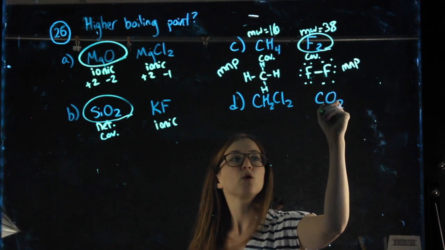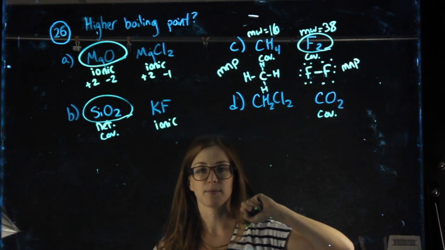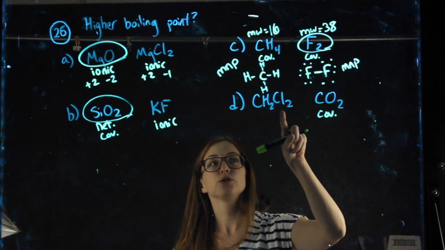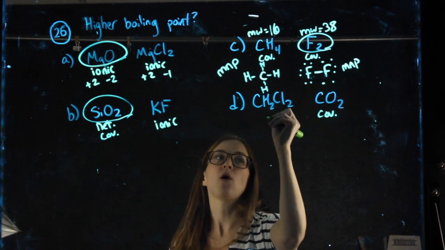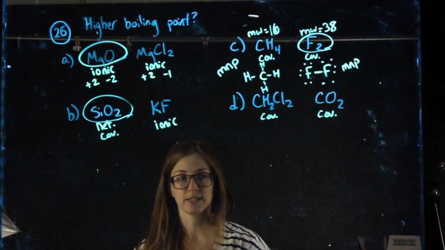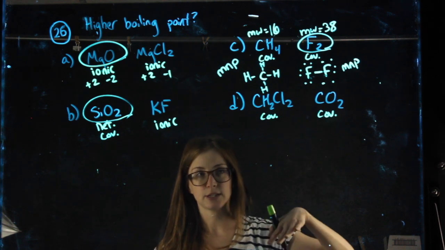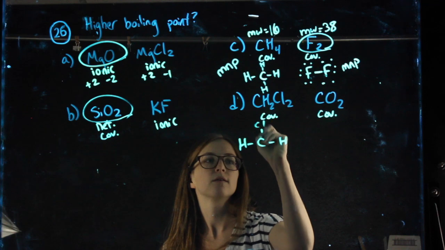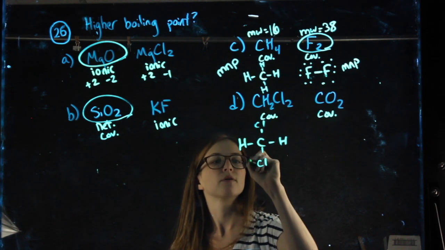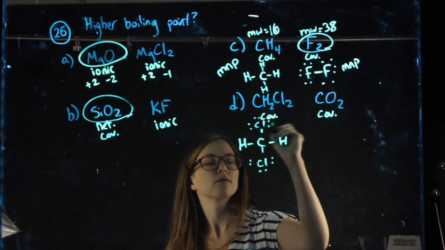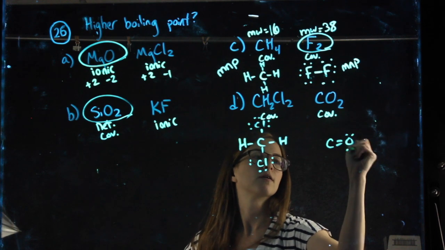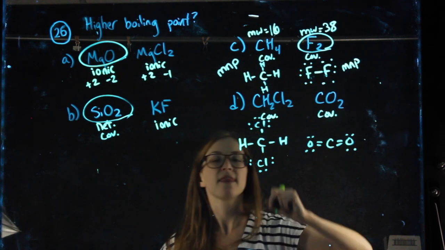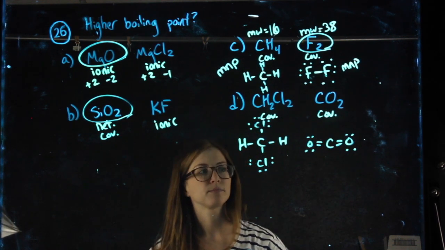CO2, nonmetals only, so that's going to be covalent of some kind. CH2Cl2, also all nonmetals, so also covalent. 2 covalents I need to draw. Then I can evaluate if they're polar or not.